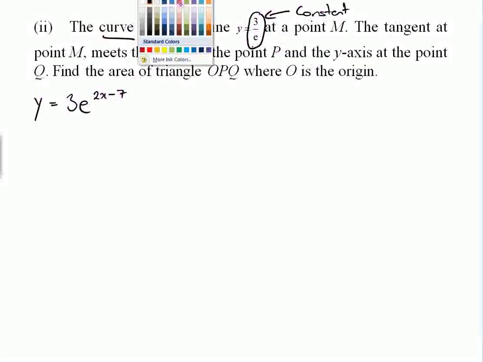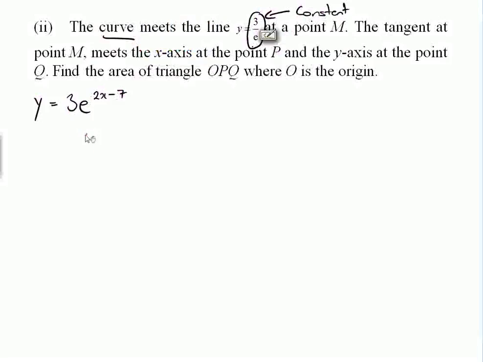Okay, that was rather confusing. So it always helps for us to just do a quick sketch. And you guys can do this on your GC, but I'm just going to do a much more rough version of it here. So this is y, this is x. Our original curve, y equals 3e to the 2x minus 7, is going to look roughly something like this.